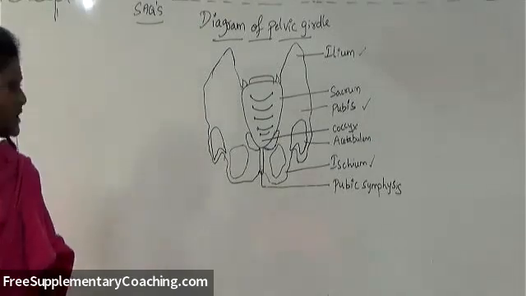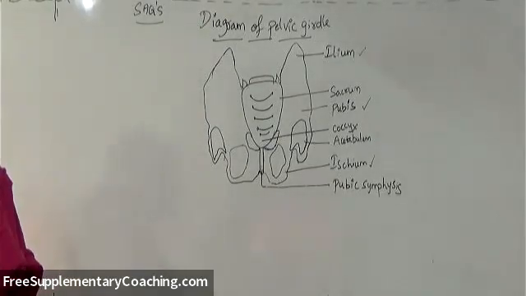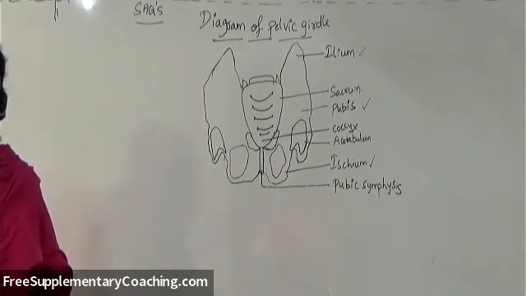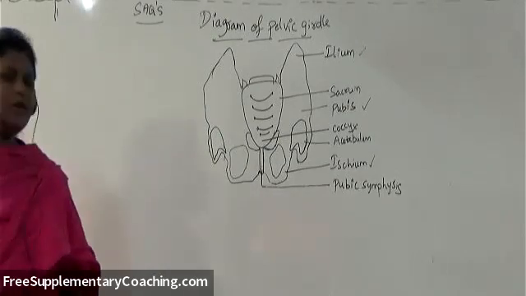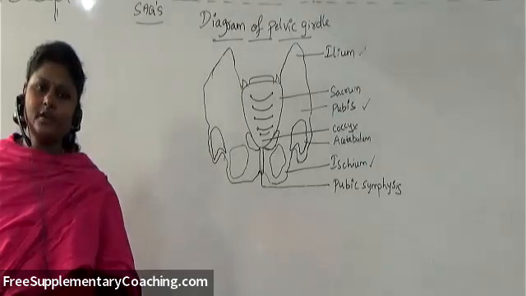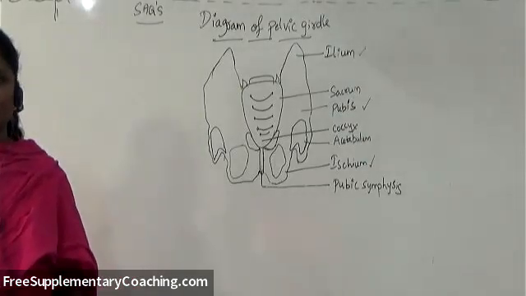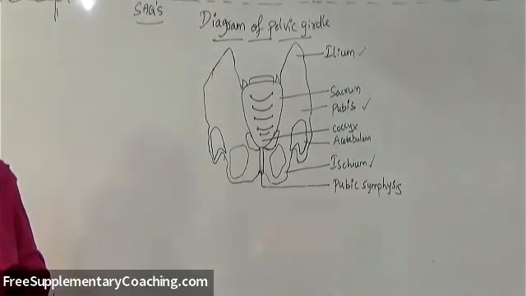So the next, coming to the structure of the synovial joint with labeled diagram. There, along with the answer, you need to present the diagram. For spinal cord and pelvic girdle, only the diagram is needed. But when it comes to the synovial joint, along with the diagram, you are supposed to mention the answer also.